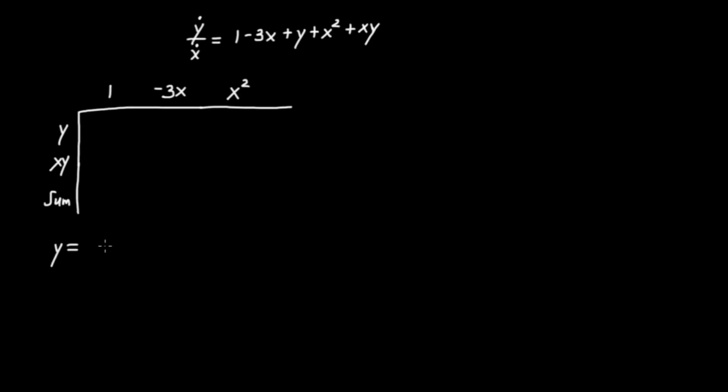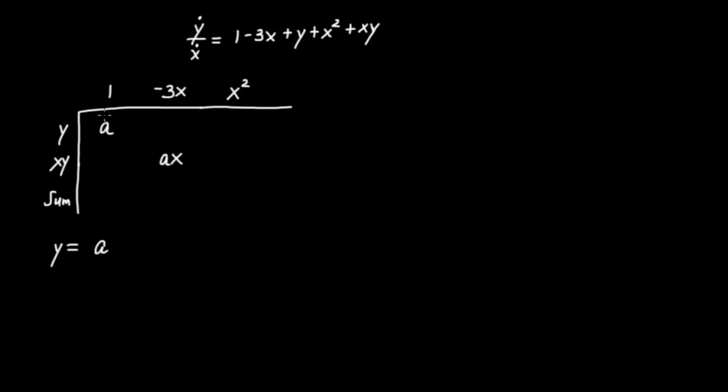I'm going to let that first term for y be arbitrary. Let's call it a. Now I'm going to copy that a up here because so far I have that y is equal to a. But notice here I have this second row that I'm going to have to deal with. So far what I have is that y is equal to a, but upon multiplying by x, I get ax, which is going to be written in that first order column there.